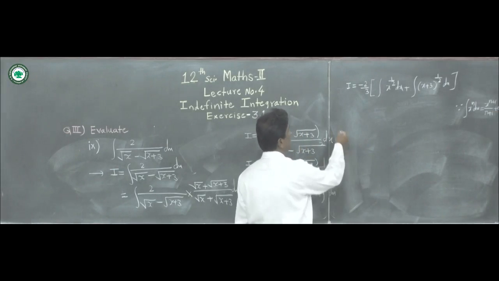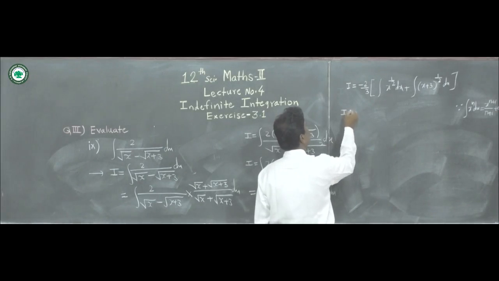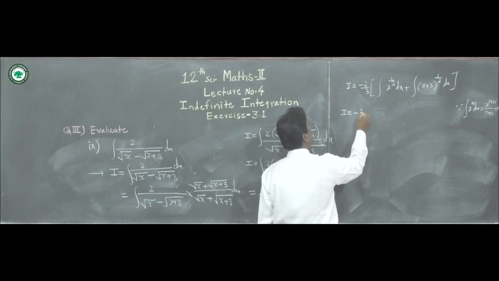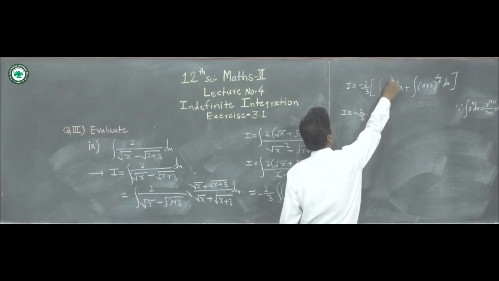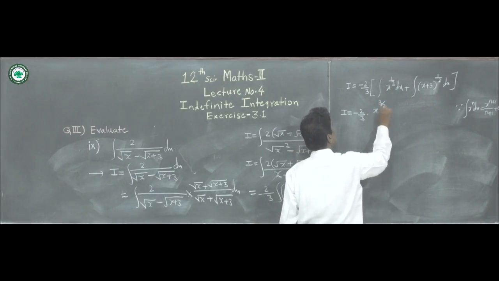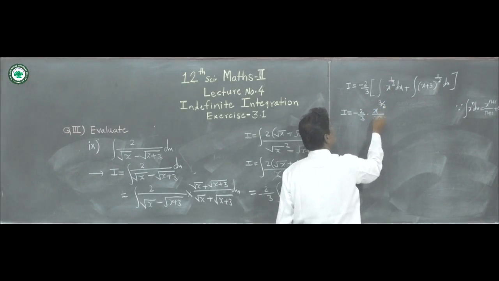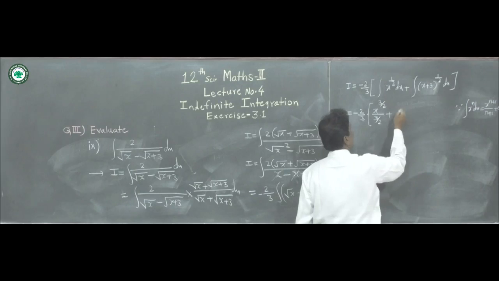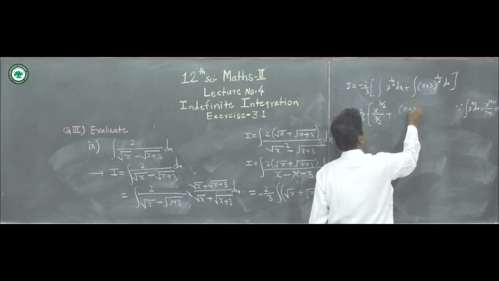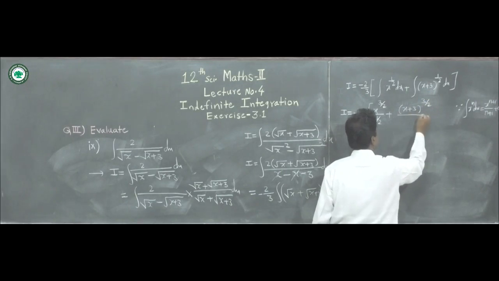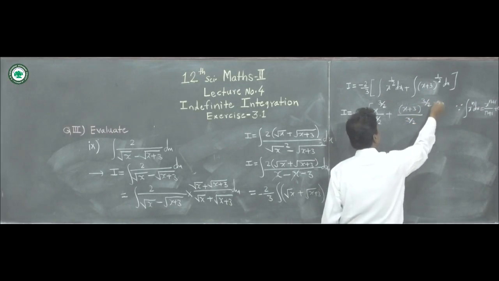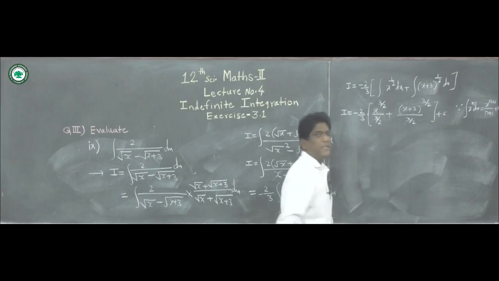And therefore we get here the required integral I is equal to minus 2 upon 3 into x to the power 1/2 plus 1, that is 3 by 2, divided by the same number 3 by 2, and plus here (x plus 3) to the power 1/2 plus 1, that is 3 by 2, divided by the same number 3 by 2, plus constant of integration.